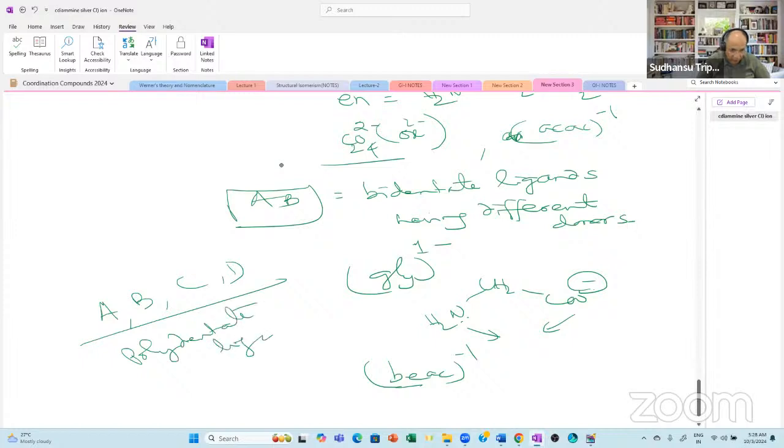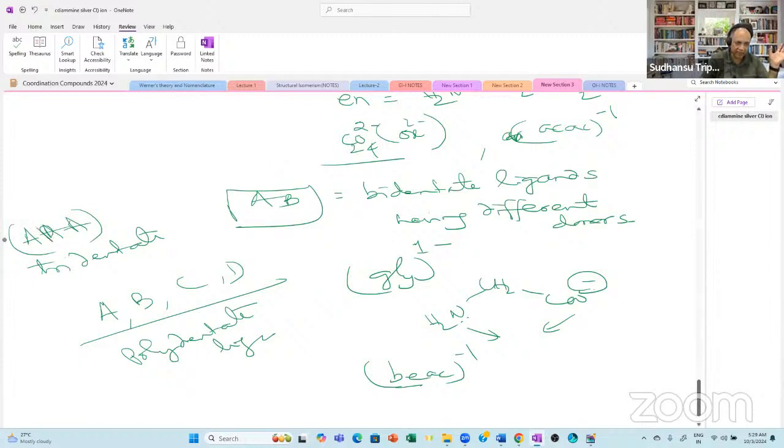Supposing we shall be using AAA. This is a tridentate ligand having identical donor atoms, like diethylene triamine, NH2 CH2 CH2 NH CH2 CH2 NH2. It is a symmetrical molecule. Of course, the middle one is a secondary amine, the terminal ones are primary amines. So some people write ABA, because primary amine is not the same as secondary amine.